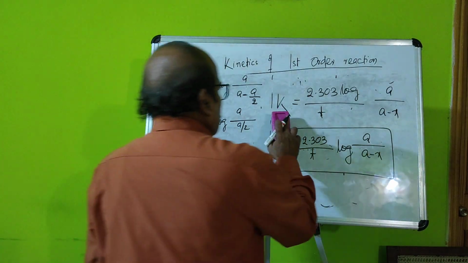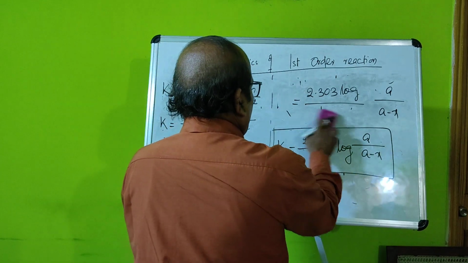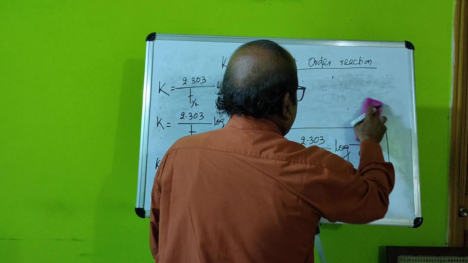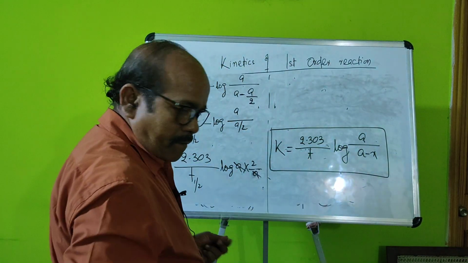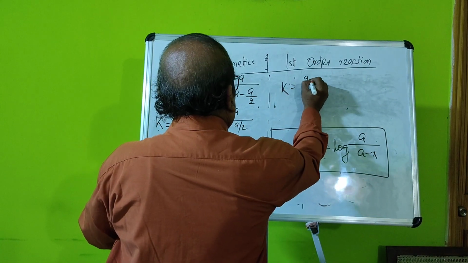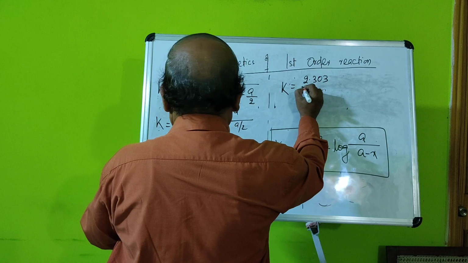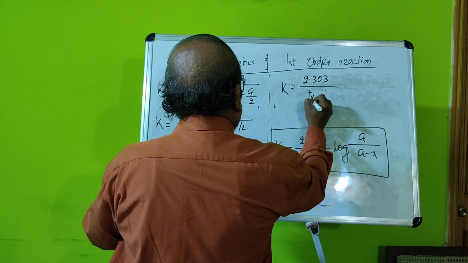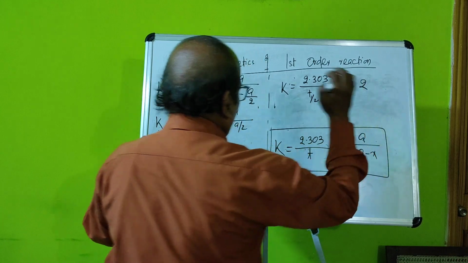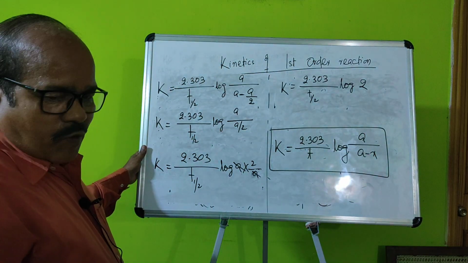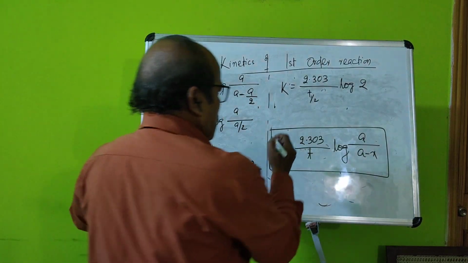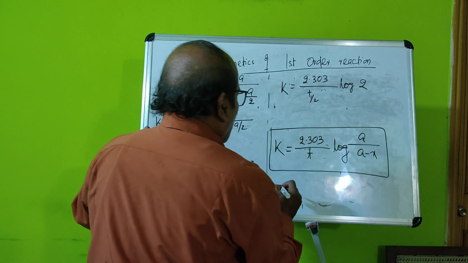So the result comes K is equal to 2.303 by T half into log of 2. Now the value of log 2 from the logarithm table you have to remember.